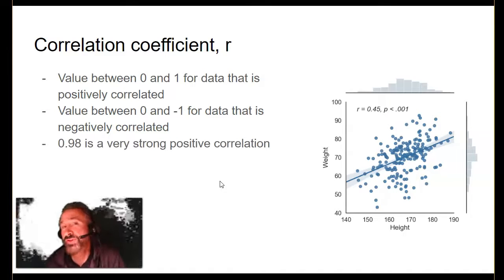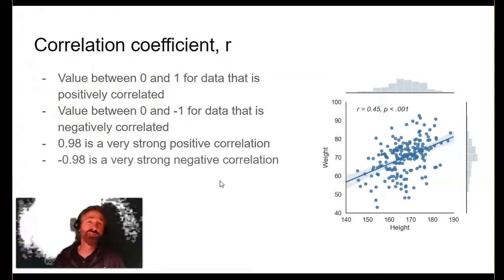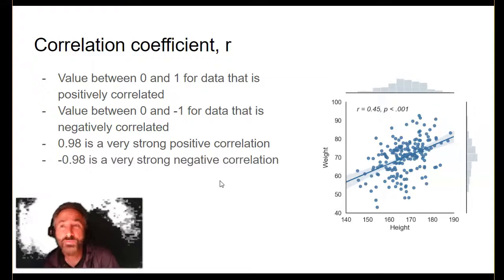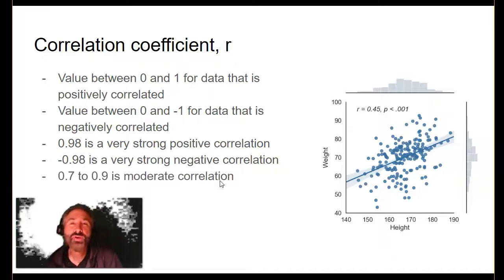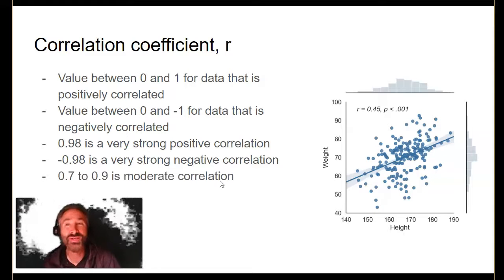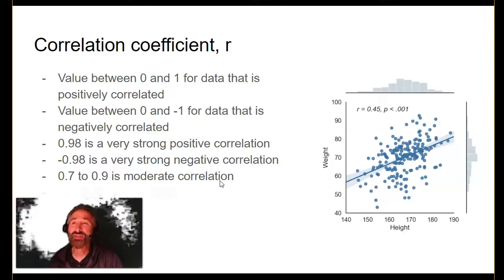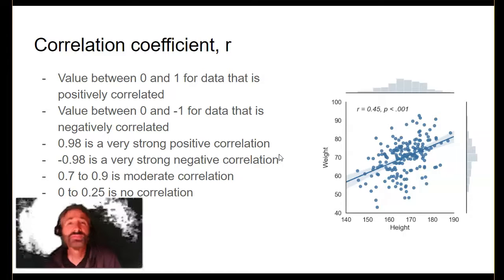So it can't be like a million different values. If you have a correlation value that's very close to 1, we'll call it a very strong positive correlation. If you have a number that's very close to -1, we'll call it a very strong negative correlation. If you have a number that's more like 0.7, that's going to be more of a moderate correlation. And if you have a number that's between 0 and 0.25, that's almost no correlation.